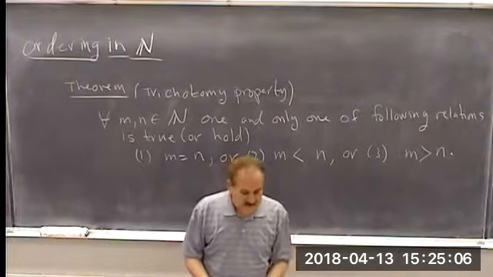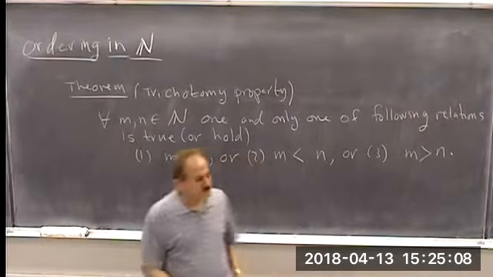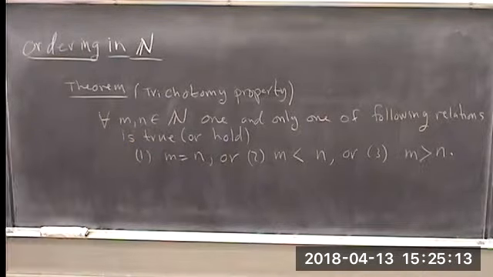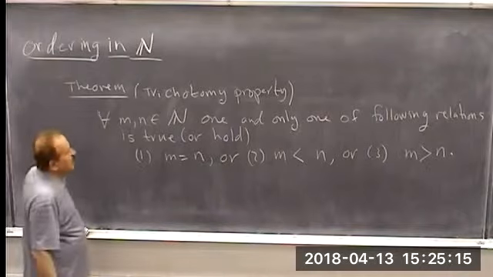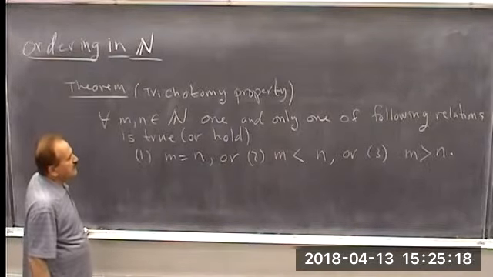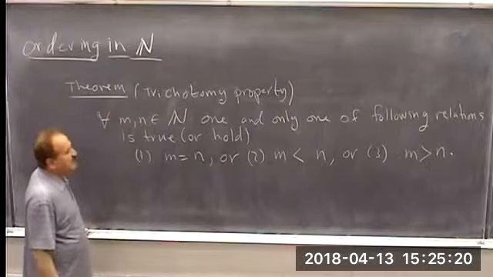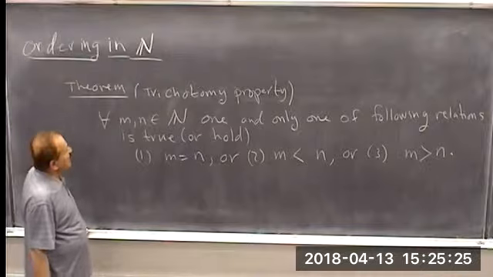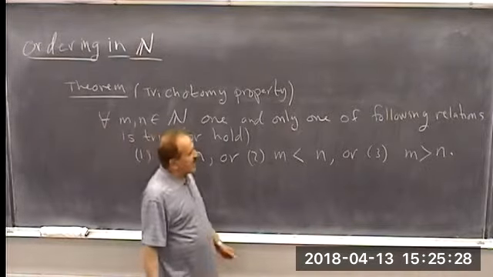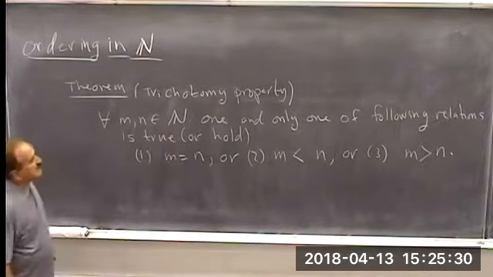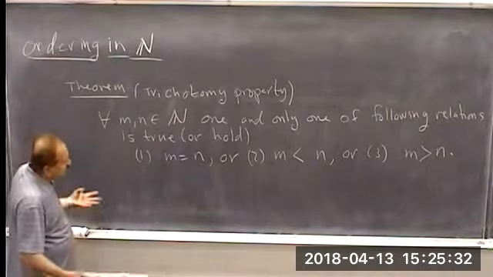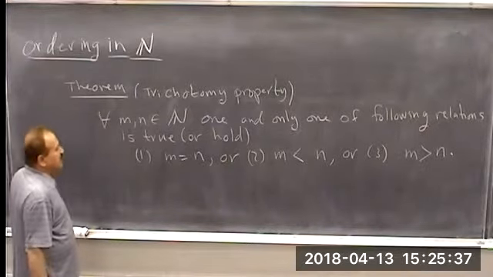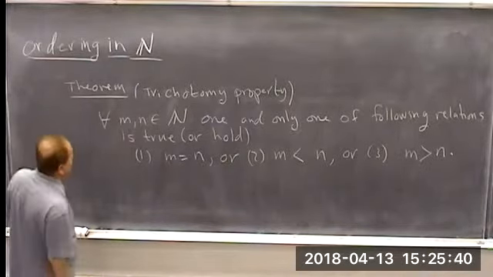The next objective is, as you know, the induction axiom is a very important axiom. We used it to prove a variety of properties of addition and multiplication. We would like to look at two other properties or two other statements that are actually equivalent to the induction axiom.